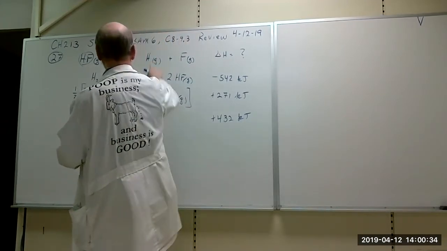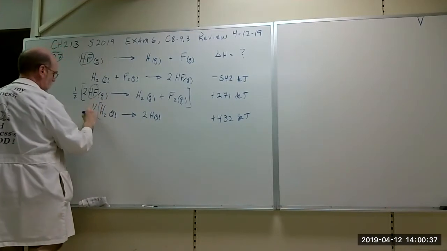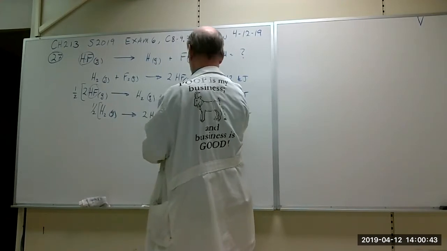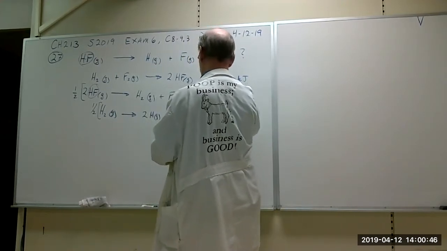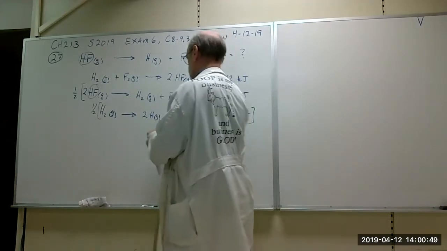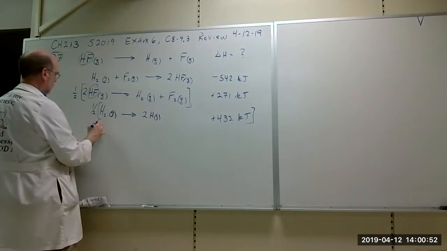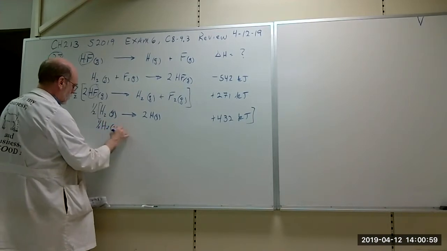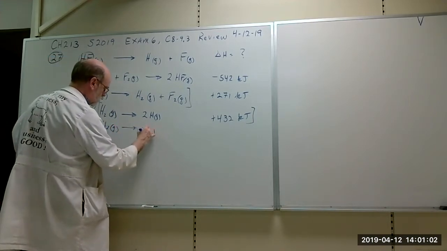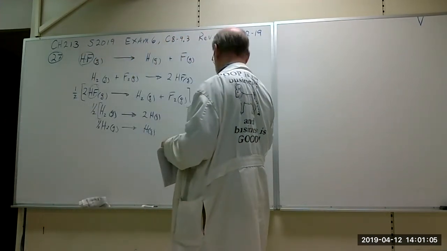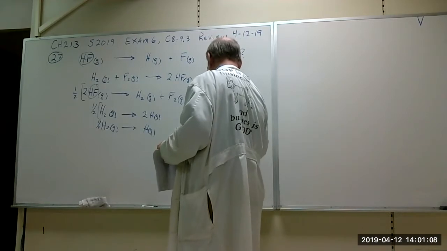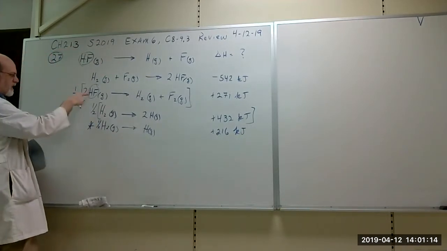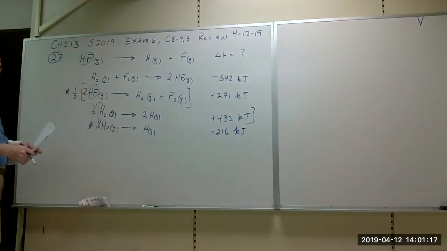But we do need to take half of it, so we get 1/2 H2 yields H, and half of that would be 216. Okay, so we're going to use this one.